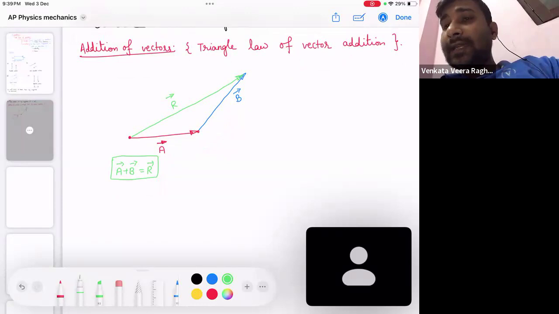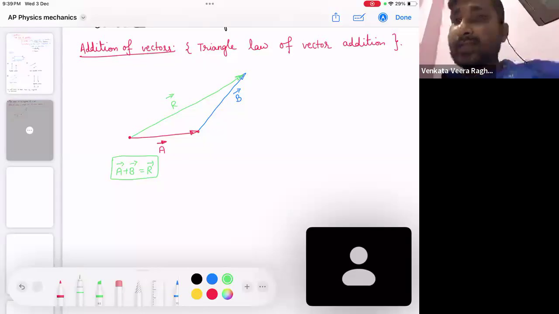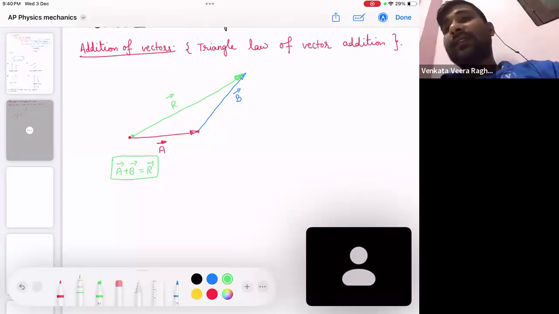And then what you do? Just join the tail of the first vector with the head of the second vector. And that line is going to represent what? The resultant vector. And the direction will be the tail of the first vector, head of the second vector. So that line is going to give us the resultant vector.